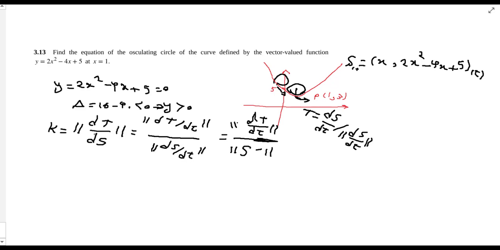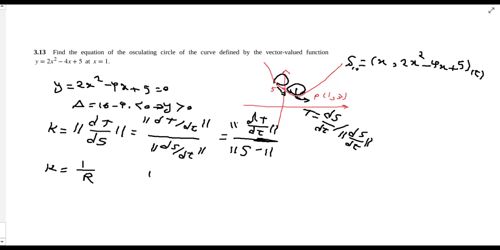I want to go further. The curvature has an inverse relation with r, the radius of this osculating circle. So if we find the curvature, then by its inverse we can find the radius.